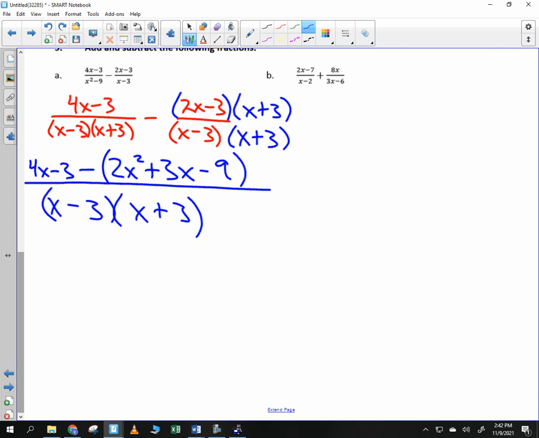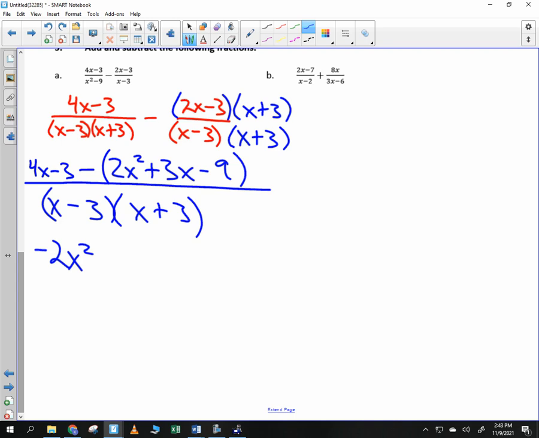So let's see what we can combine together. In the top, I have an x squared. Is it going to be a positive 2x squared or a negative 2x squared? I can combine the 4x. Is it 4x plus 3x or is it 4x minus 3x?